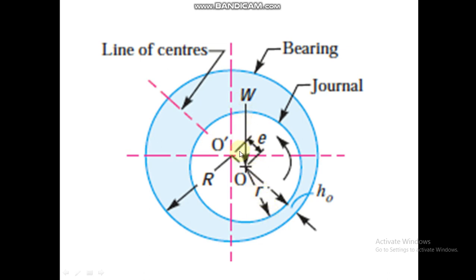W is the load acting on the journal, and this journal is rotating in anti-clockwise direction. These are the center lines. This is H naught, the minimum gap between journal and bearing.